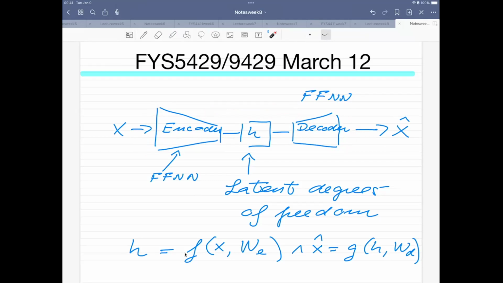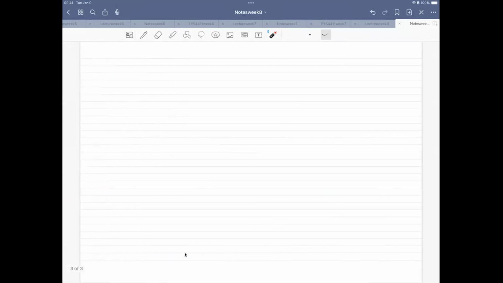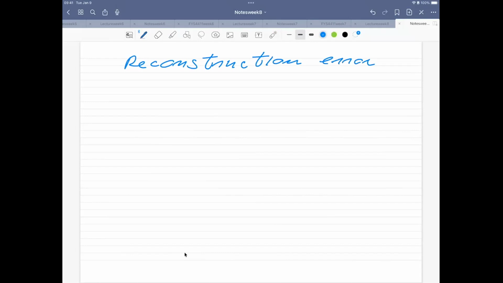So if you look at these equations here, these are the type of equations which we need to optimize with respect to. So the reconstruction error, which we are going to construct, this is the quantity we want to optimize.